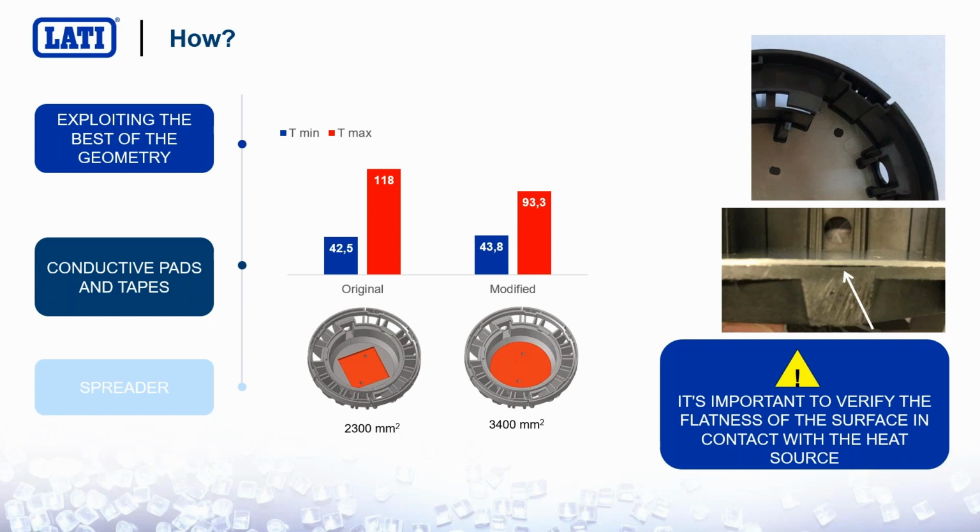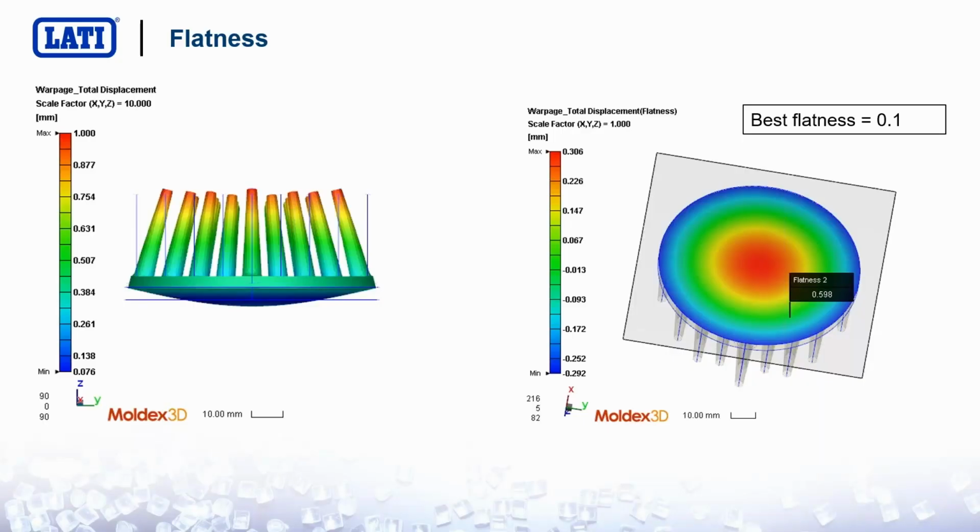This is because where there is air, heat is not transferred, and so the real contact area will be lower than the ideal one, the one you thought it was. This is particularly important in case you are using a spreader, because you won't even notice it, because it will be below the spreader. How is it possible to evaluate the flatness of the surface?